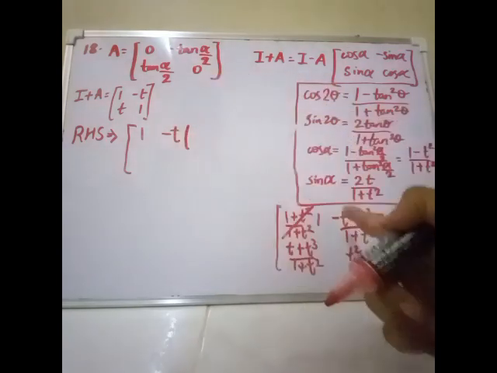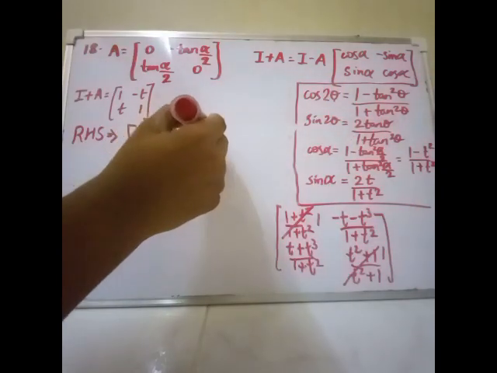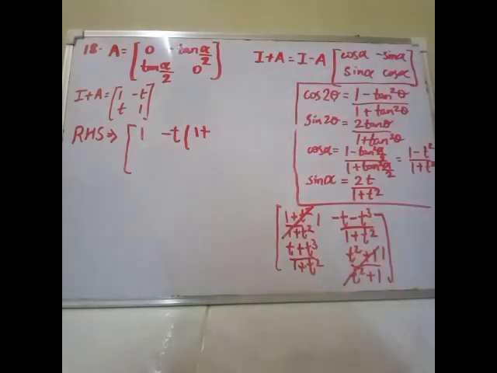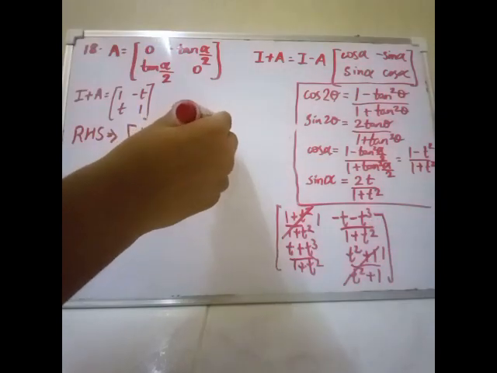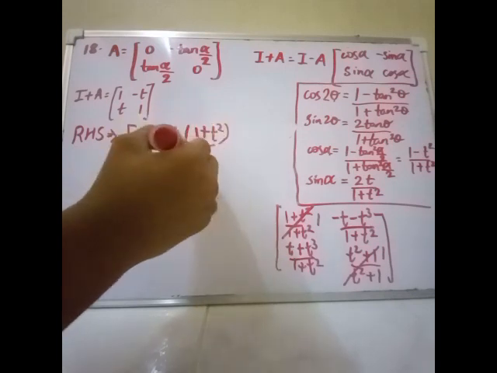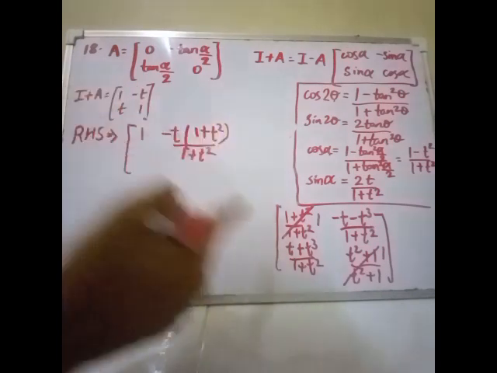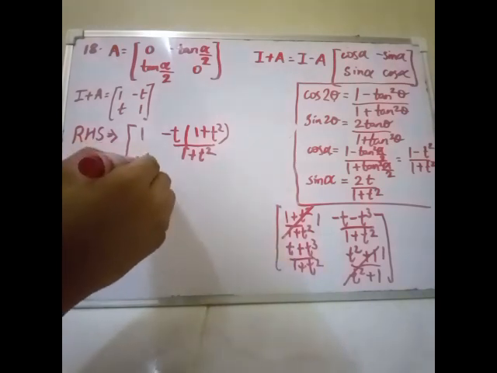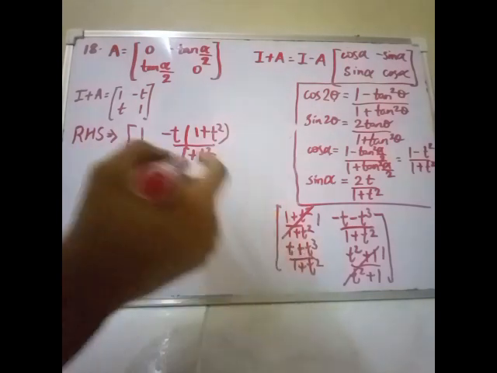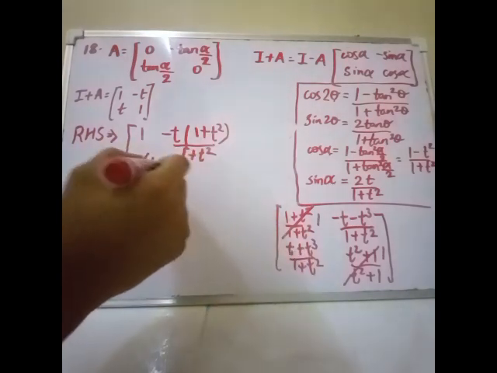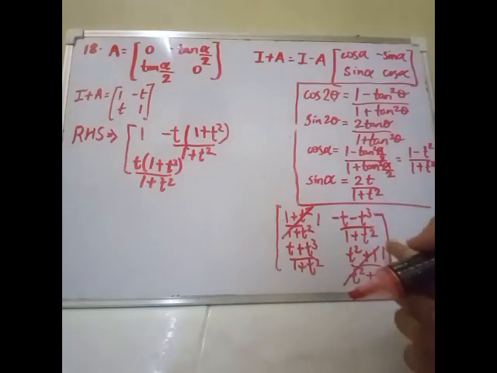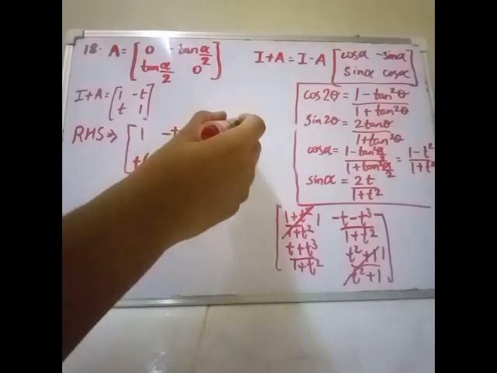We took minus t out, so it would be 1, and plus, we took minus t out from here, so only t squared would be left inside. So denominator, write it as 1 plus t squared. Then this one also we can take t out, then what will be left inside? 1 plus t squared by the denominator, and this one cancelled each other out, so it would be 1 here.